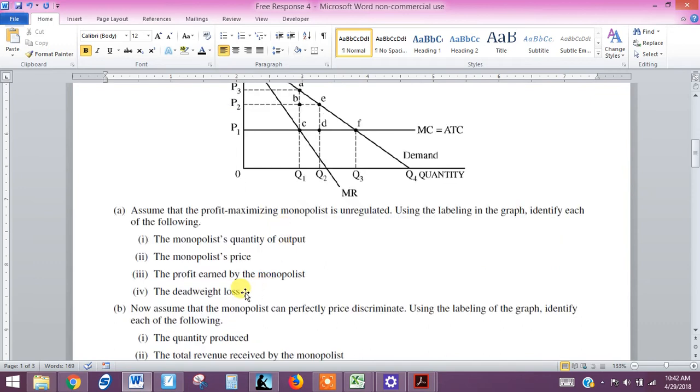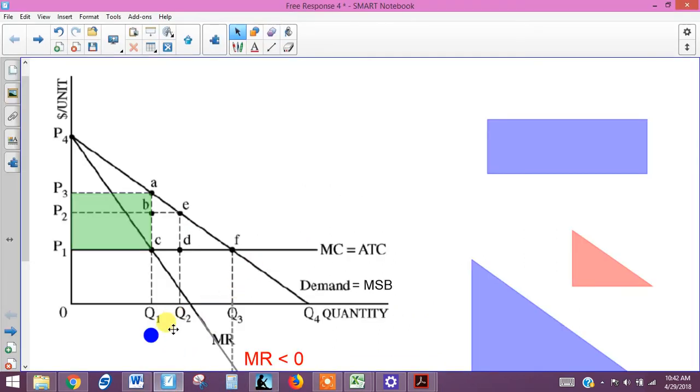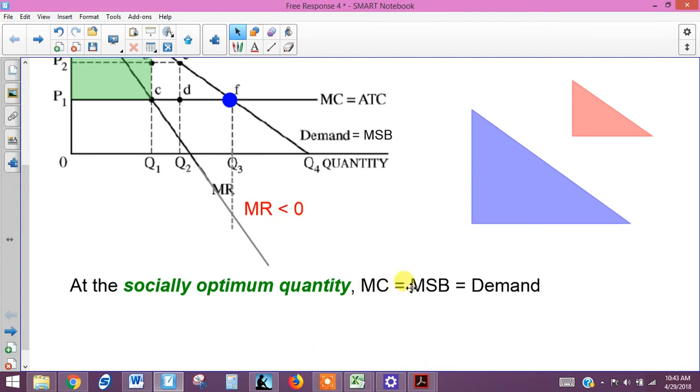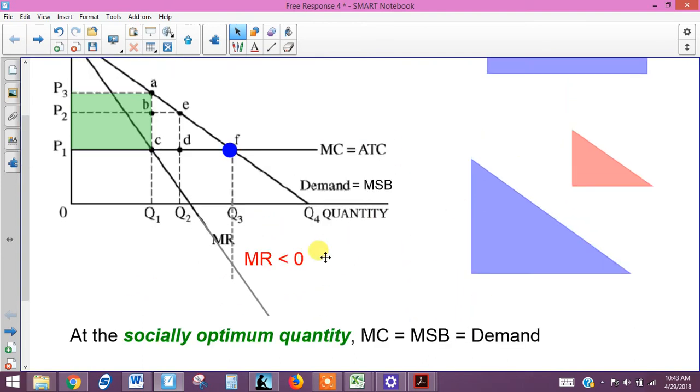In order to do that, we need to come back to our graph and identify the point where they would produce at the socially optimum, or allocatively efficient, point, which is at point F, where marginal cost equals marginal social benefit, or demand, because they're the same. So this point right here.